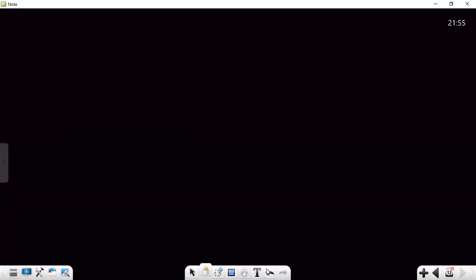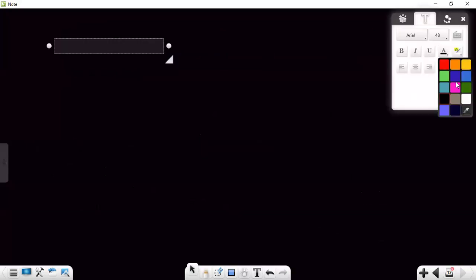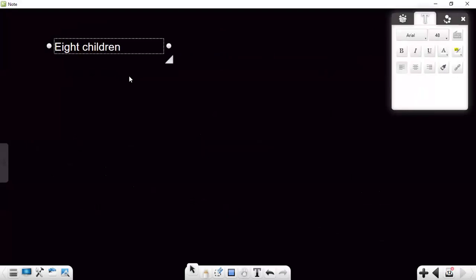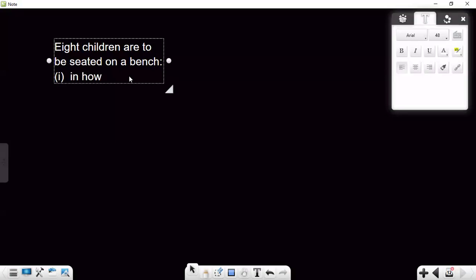Yes. So let's now move ahead. The next question. Eight children are to be seated on a bench. Now we have certain conditions. In how many ways can the children be seated?